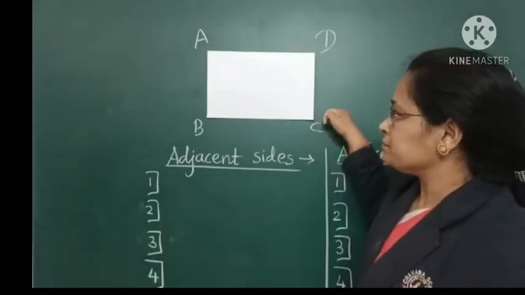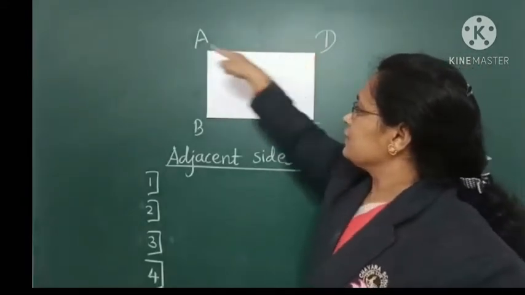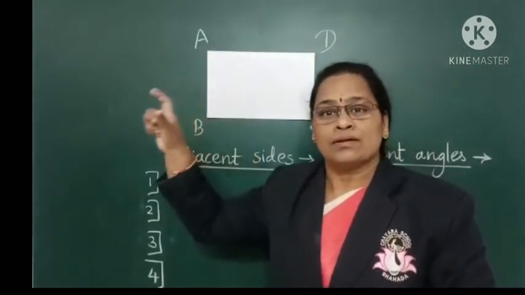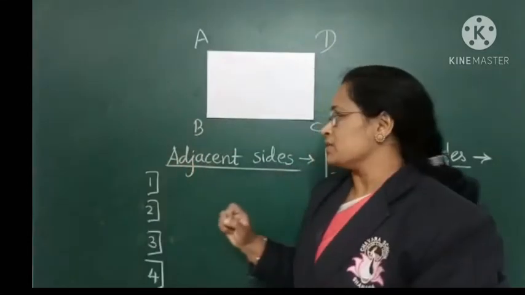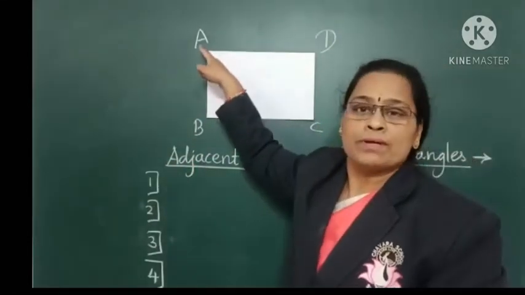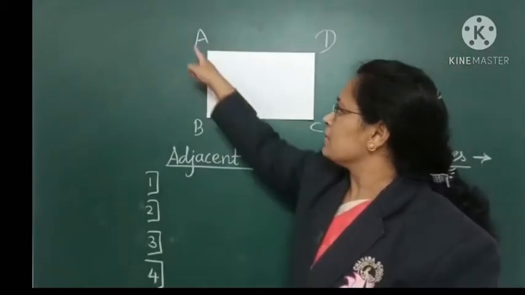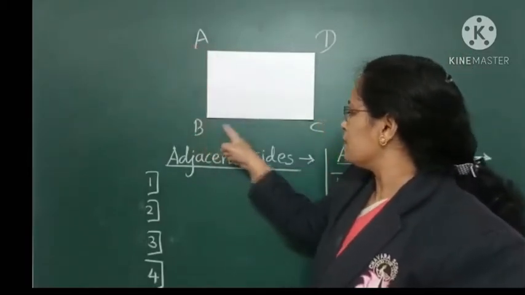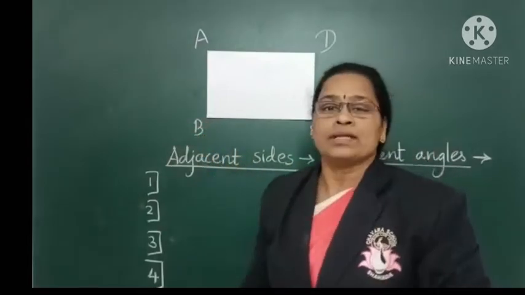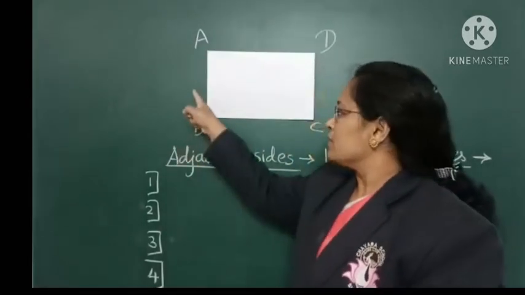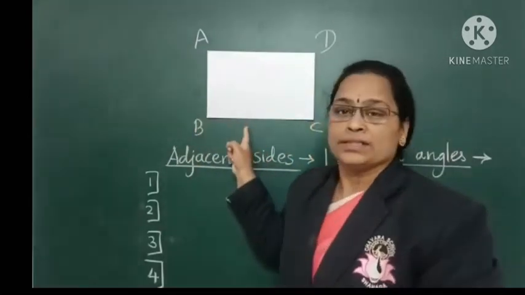In another way, these sides AD and AB are close to each other, near to each other, starting from one common point. Similarly, side AB and side BC have one common point, that is B. So they are very near to each other, they are adjacent to each other.